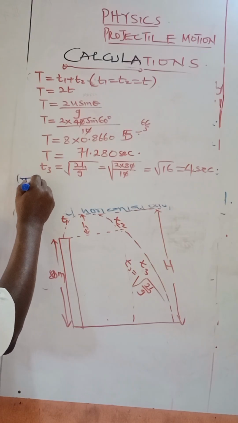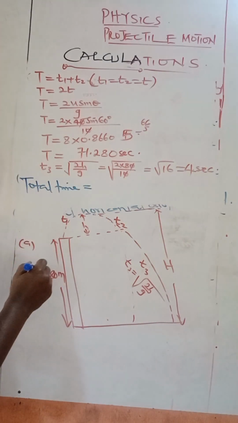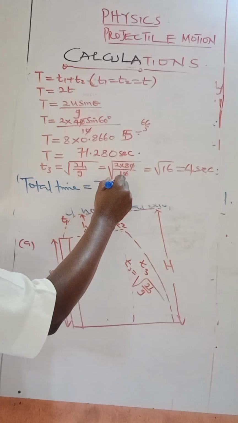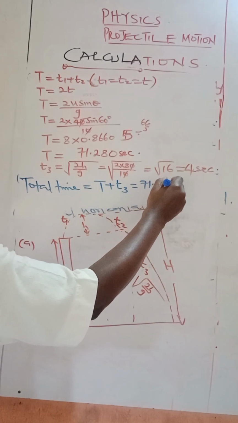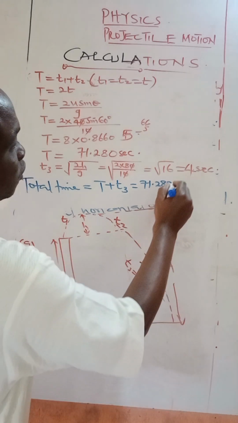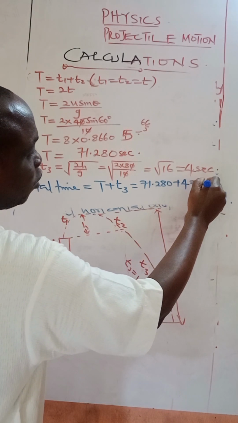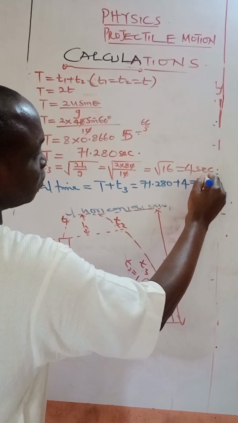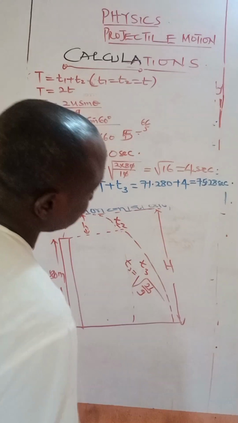So total time of flight now is equals to capital T plus this small T3, 71.28 plus 4. So this one gives you 75.28 seconds.